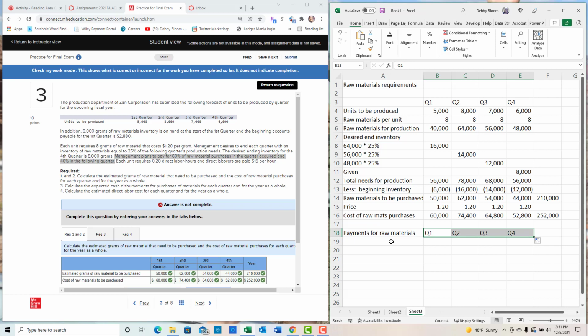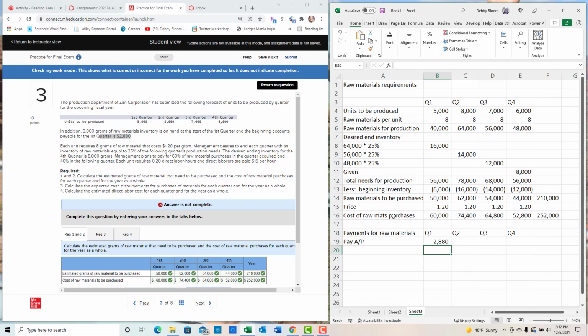So the first thing that we're going to do is look at the accounts payable. Since everything's paid off in the following quarter, we're going to pay off our accounts payable for the beginning of the first quarter in quarter 1. So accounts payable is going to be paid in quarter 1, 2,880.